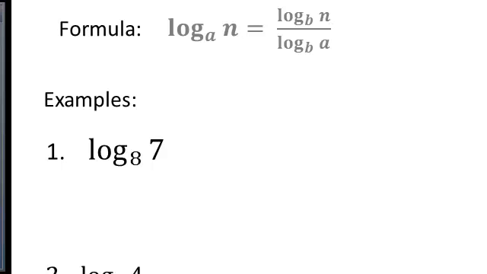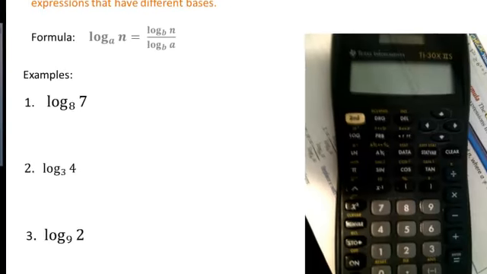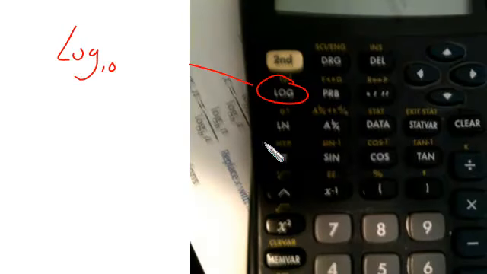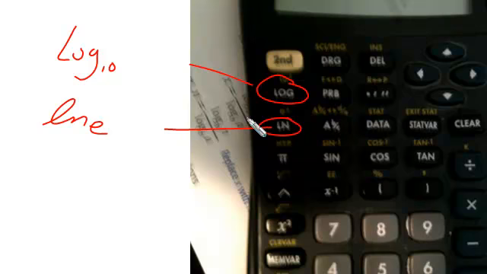And as you can see over here, I've got a picture of a scientific calculator, and notice on this particular calculator it only has a common log key, which is a base 10 key, and it only has a natural log, which is base e key. So there are other calculators out there, as technology gets better and better, that actually allow you to type in whatever base you want, and that's pretty cool.